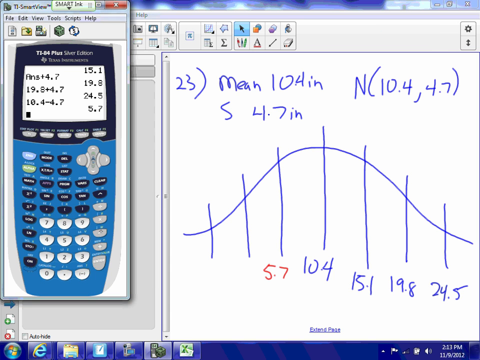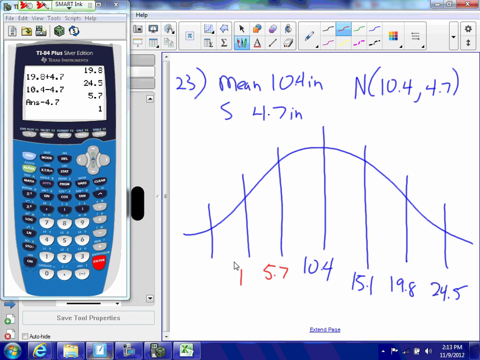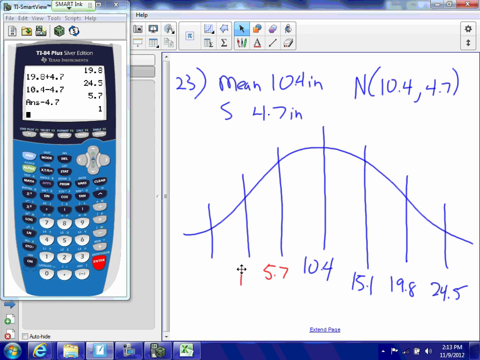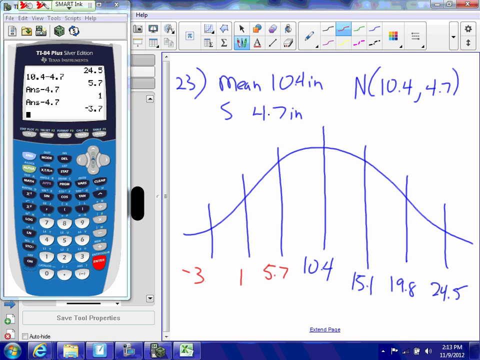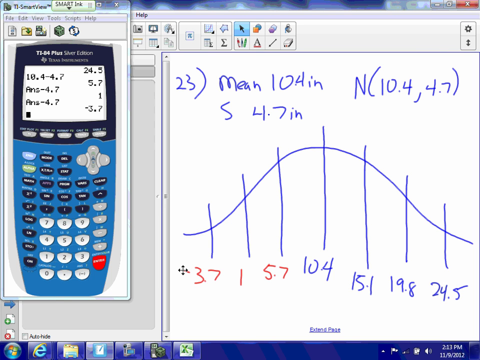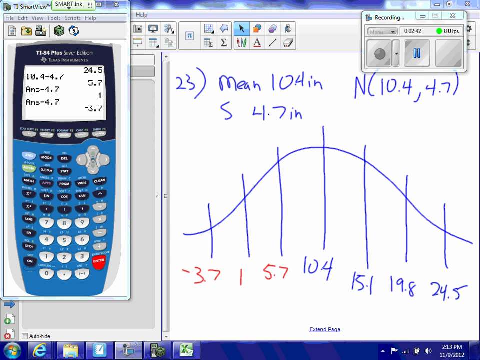And I'm going to subtract 4.7 from that. And I'm going to get 1. Now, I'll subtract 4.7 from that, even though it's kind of ridiculous because I can't have a negative tree, right? That'd be negative 3.7. So that's what the normal model would look like for these trees.